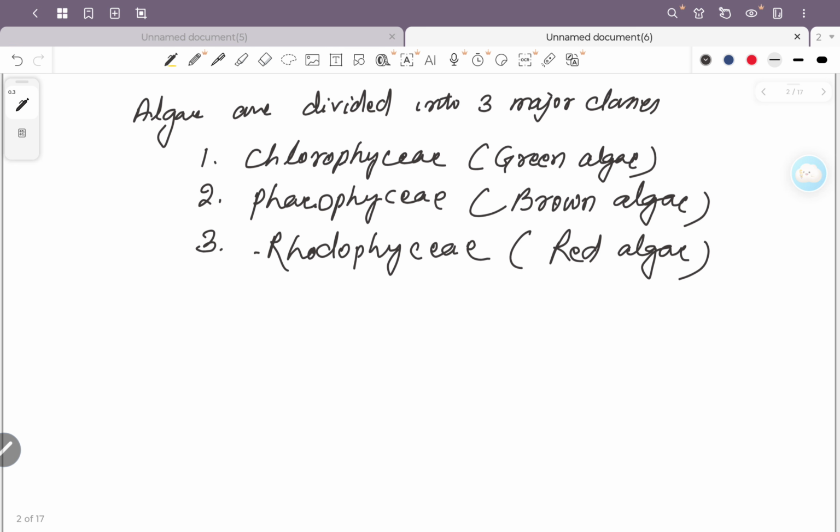Okay, so let us first discuss chlorophyceae, which are commonly known as green algae. Let us discuss its general features. The general features include the habitat, the plant body, the pigments, the cell wall composition, and stored food. So let us discuss one by one.